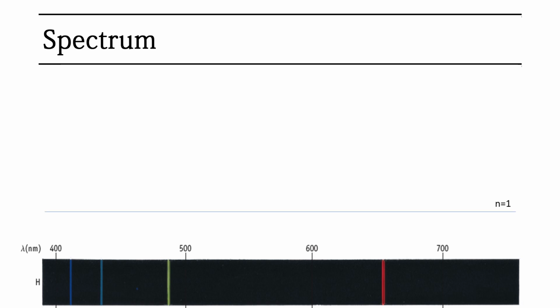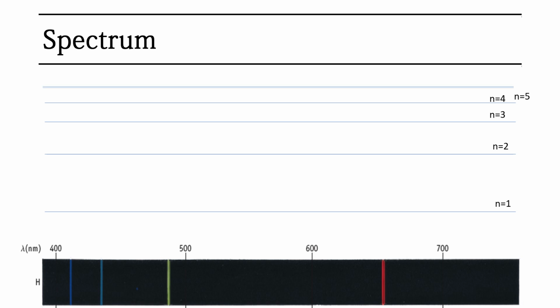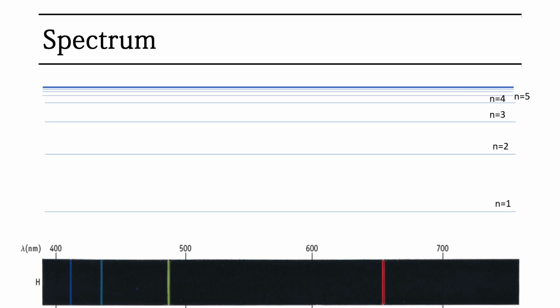Let's take the example of hydrogen. There are a number of energy levels in the hydrogen atom. From the third energy level to the second energy level, electron movement emits red electromagnetic radiation, and the green color is due to the transition of an electron from the fourth energy level to the second energy level.